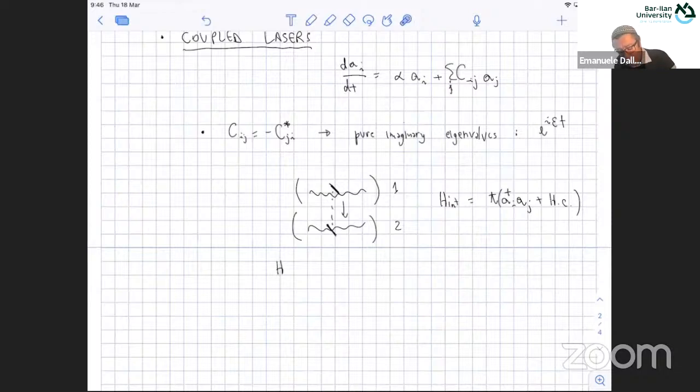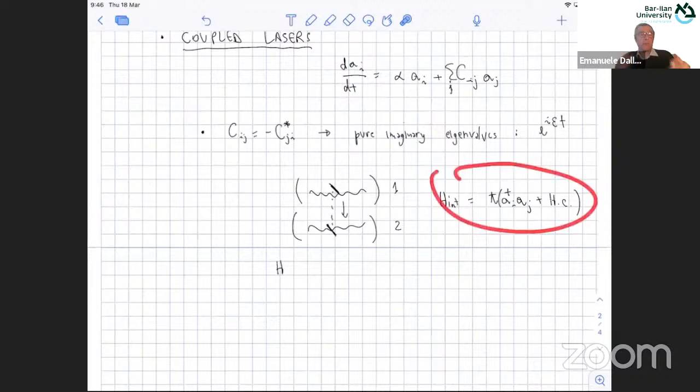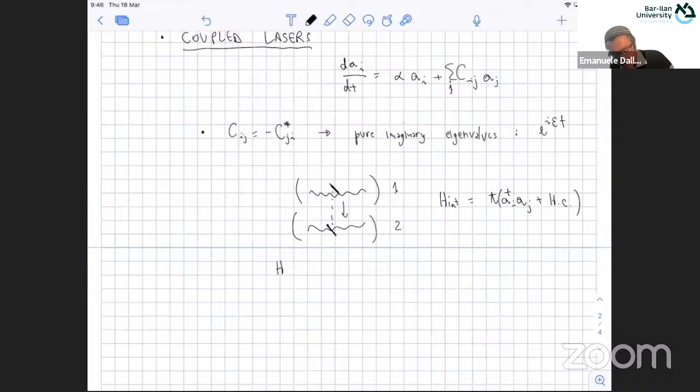You destroy a photon from laser J and bring it to laser I. When you take this type of coupling and write the equation of motion in the same way that we did before, you get something of this type. So if you want to physically realize a pure imaginary coupling, you need to engineer a way in which photons can jump from one cavity to the other. And in this case, the eigenvalues are oscillating.